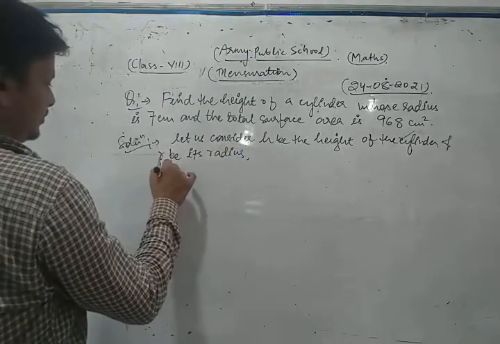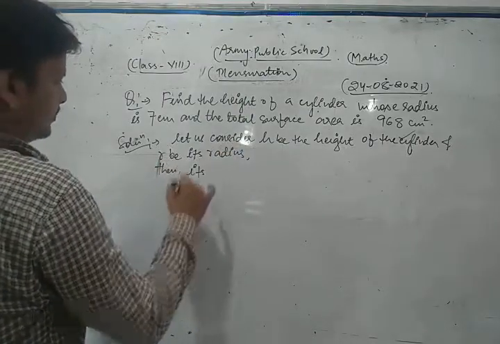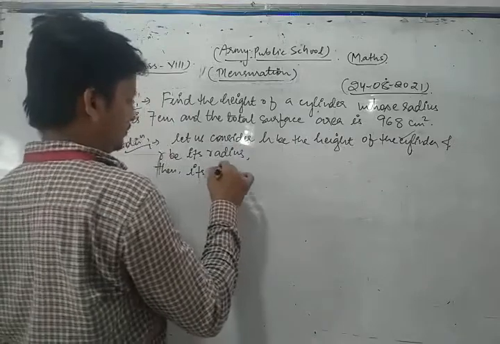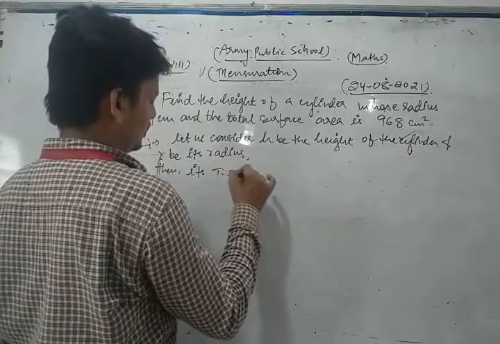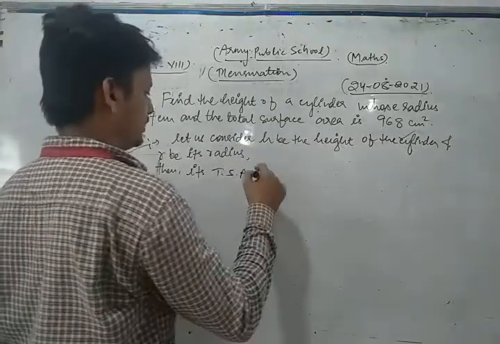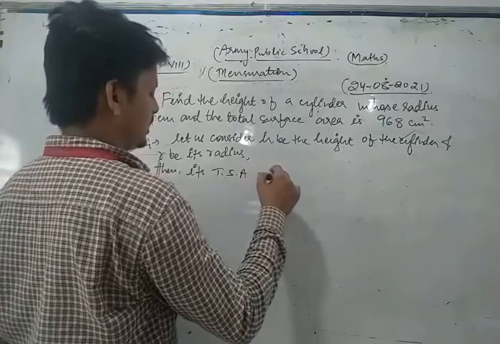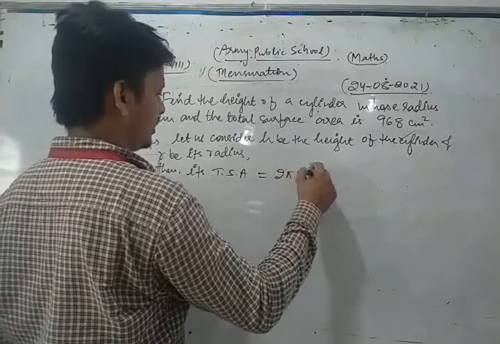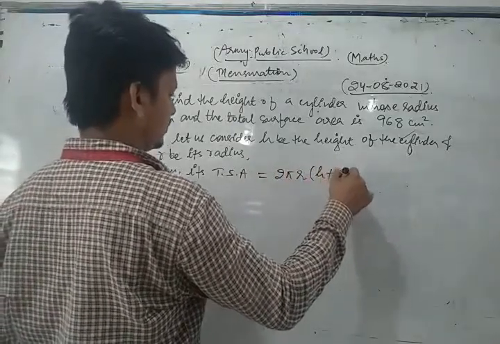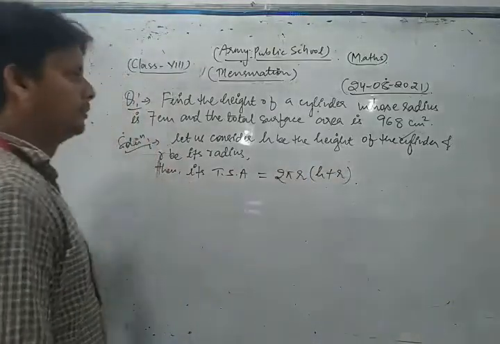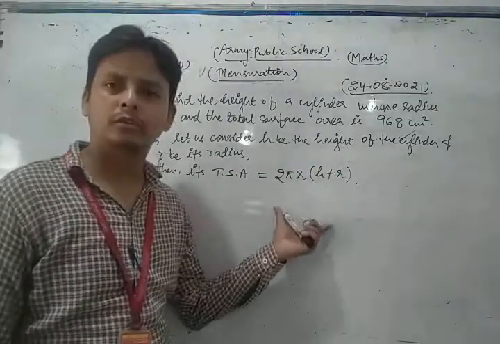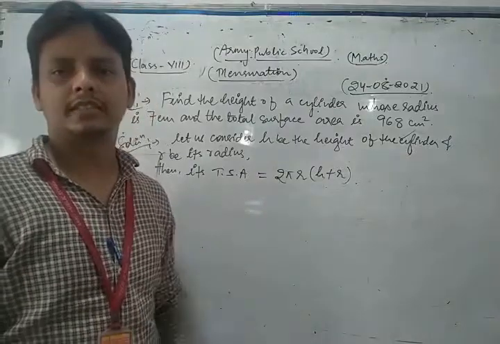Then its total surface area is given as 2 pi r (h plus r), because this is the formula for the total surface area of the cylinder.